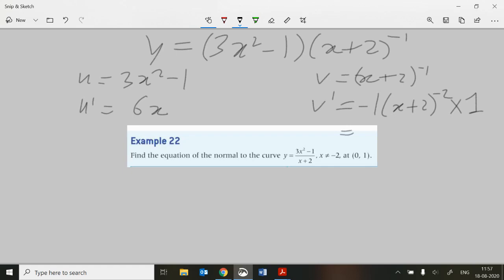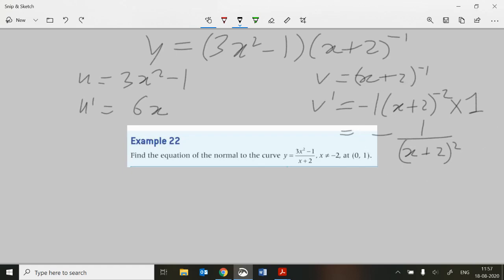So now this is equal to minus 1 over x plus 2 squared. This can go on the bottom with the power of 2 and minus in front times by 1 at the end. Okay, so good. So essentially that used the chain rule.